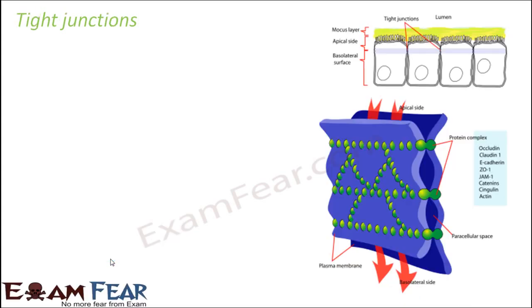So let us see what tight junctions are. The name itself says tight. They basically seal two adjacent cells, sealing adjacent epithelial cells in a narrow band. Here in this picture you can actually see the presence of tight junctions. Just look at this place.